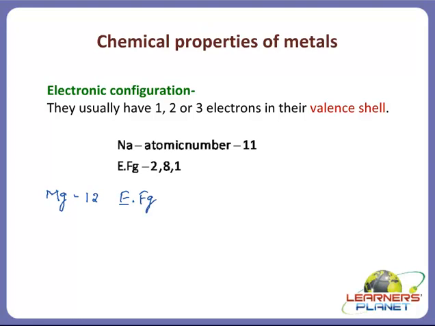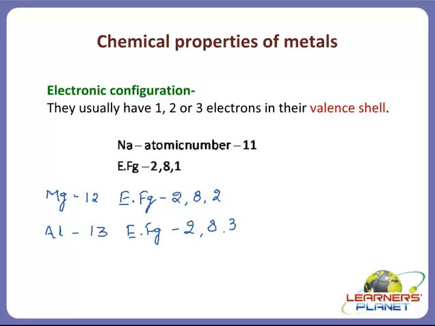Just tell me, how will you arrange 12 electrons? It would be 2, 8 and 2. Let's take up the next metal, that is aluminium. Its atomic number is 13. What will be its electronic configuration, children? It would be 2, 8 and 3.